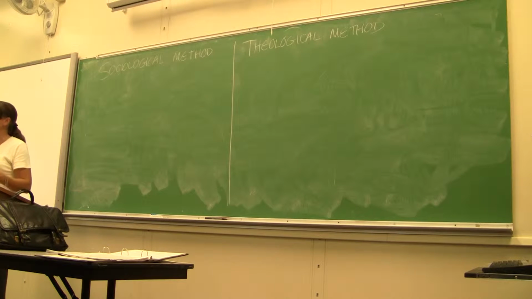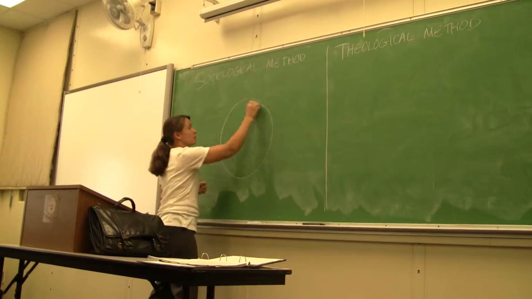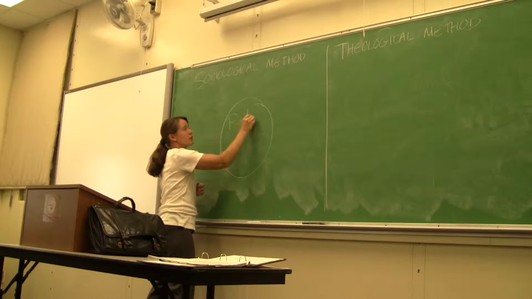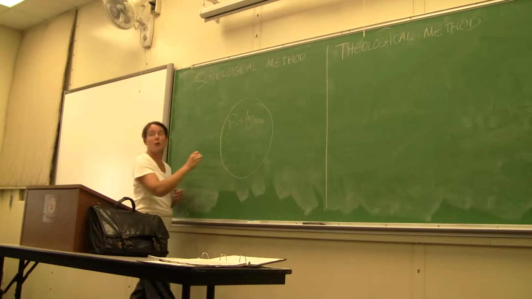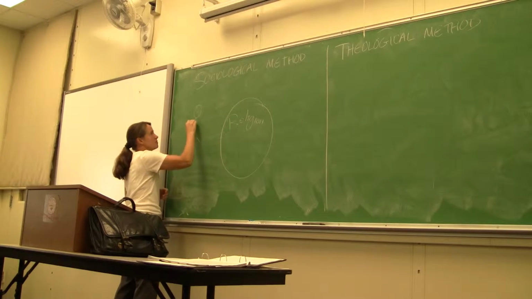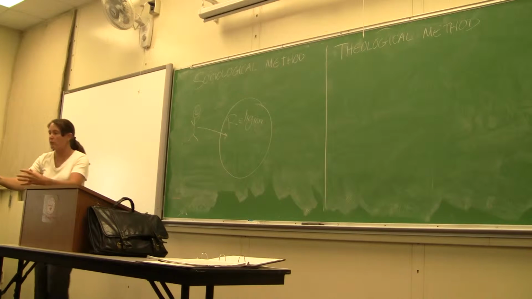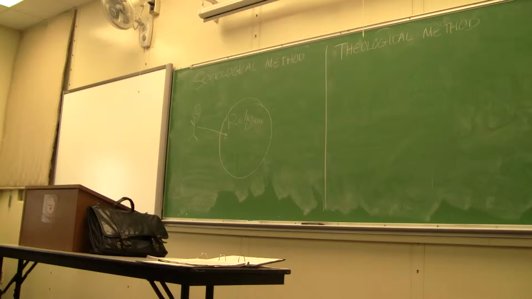So if you are taking a sociological approach to religions, you stand outside of religion. I like drawings, so I would illustrate it this way. Imagine this is the religion that you're studying. Put this in your notes. Visuals help you remember stuff. And this is you. You are studying the religion, but you don't necessarily have to be a part of it.